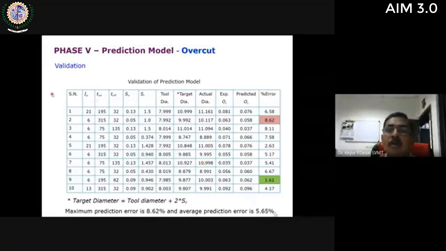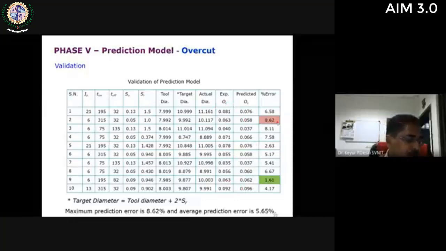Then the model was to be validated. Here are the experimental values and predicted values. Maximum prediction error is 8.62, whereas the minimum prediction error is 1.61.